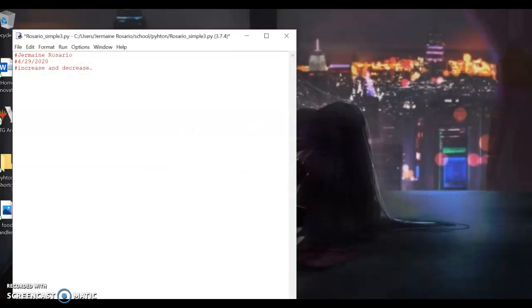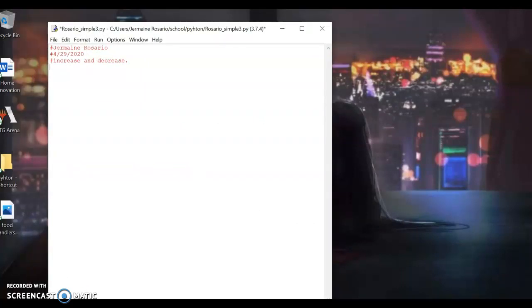And now for the final part, which is the increasing and decreasing of a number by 20%, which is pretty simple.